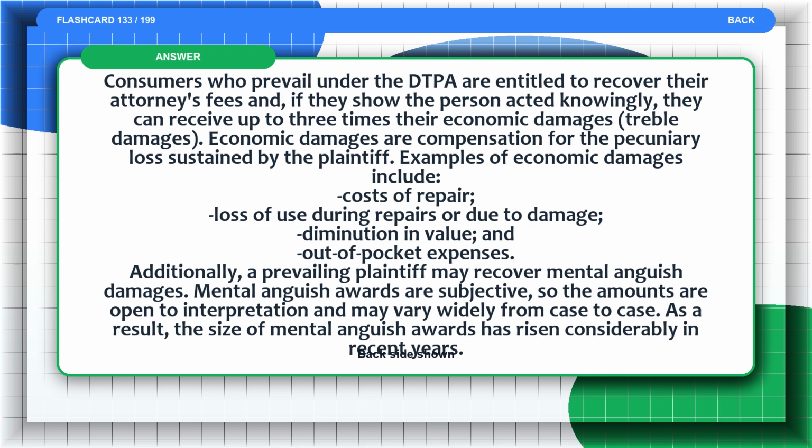Examples of economic damages include costs of repair, loss of use during repairs or due to damage, diminution in value, and out-of-pocket expenses. Additionally, a prevailing plaintiff may recover mental anguish damages. Mental anguish awards are subjective, so the amounts are open to interpretation and may vary widely from case to case. As a result, the size of mental anguish awards has risen considerably in recent years.